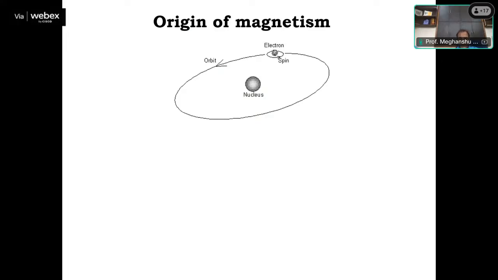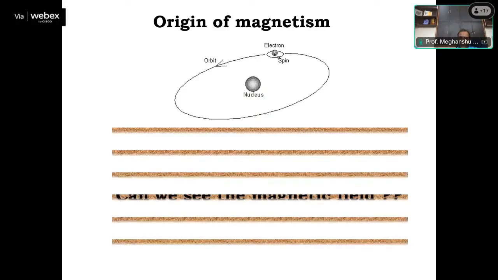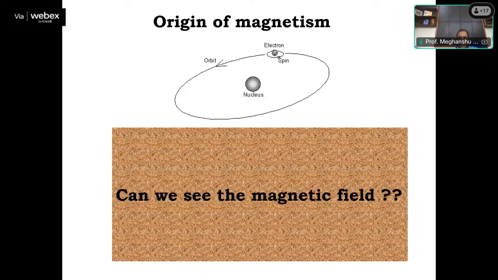So according to the fundamental, any flow of electrons will generate a magnetic field. Inside the material, electrons are moving. Will they generate a magnetic field, and can we see this magnetic field? Yes, as per the fundamental, this motion of free electrons will generate the magnetic field.